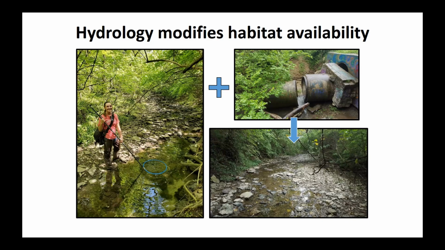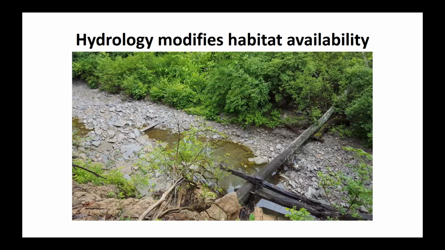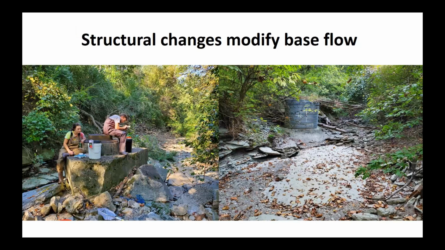We also know that hydrology modifies habitat availability in that we also see our streams have less water in them, often during the summer times. And some of this may be due to structural changes that modify base flow. So we've often built our infrastructure, like sewer lines, in the actual stream bed itself.